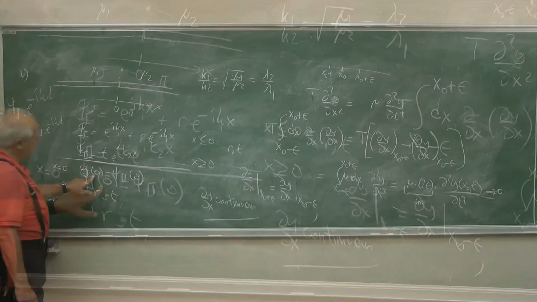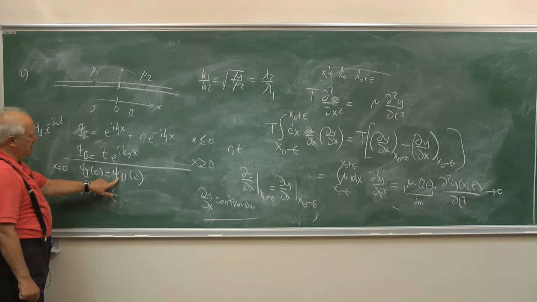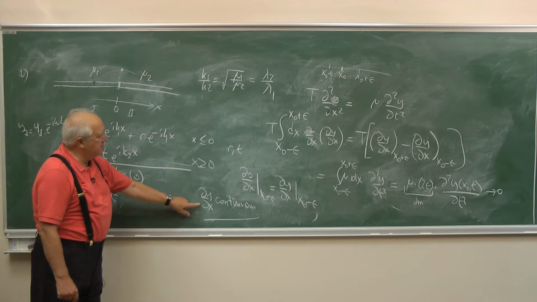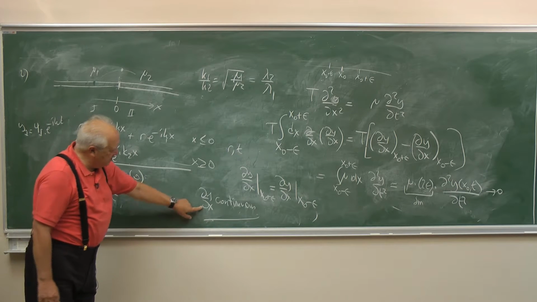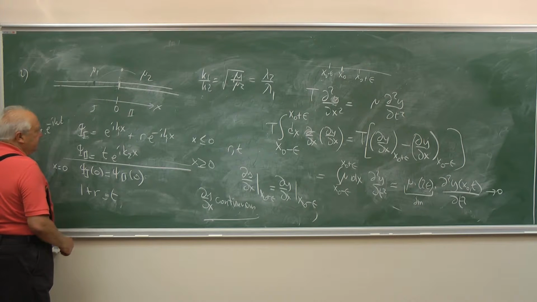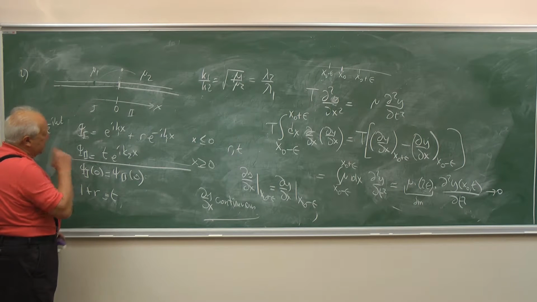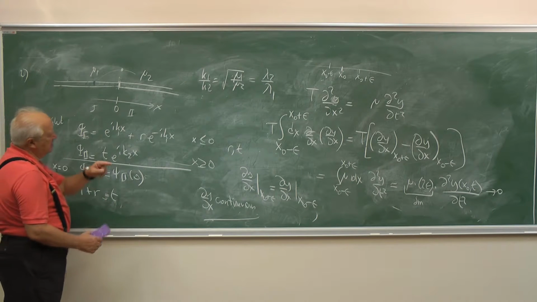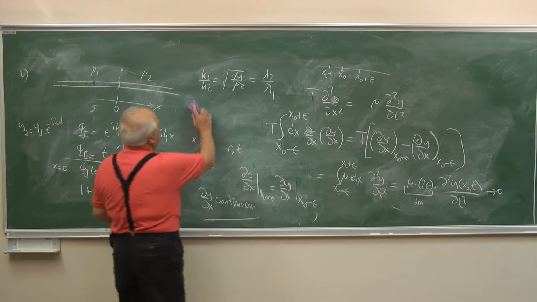So this says that the displacements are the same. This says that the derivatives are the same. This will give us the second condition, the second equation from which now we can use this one and the next one to find R and T.